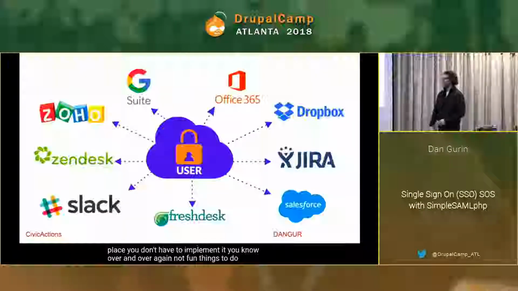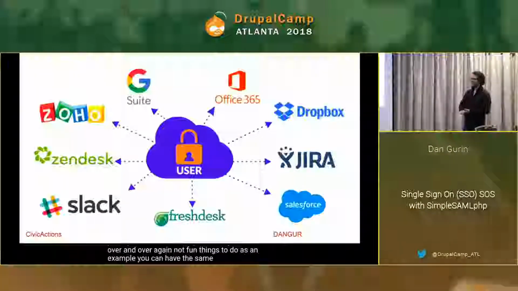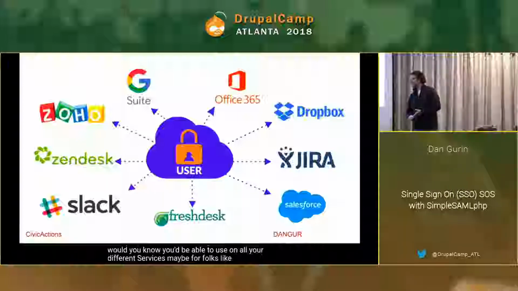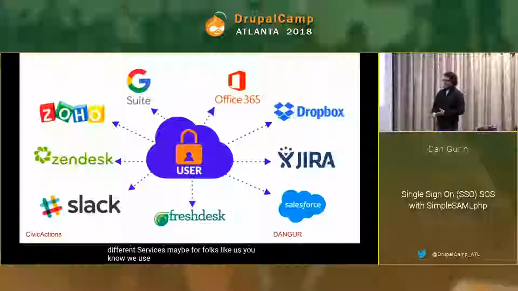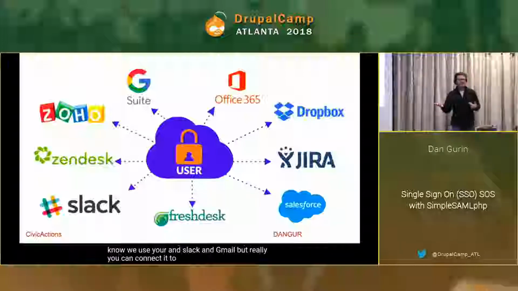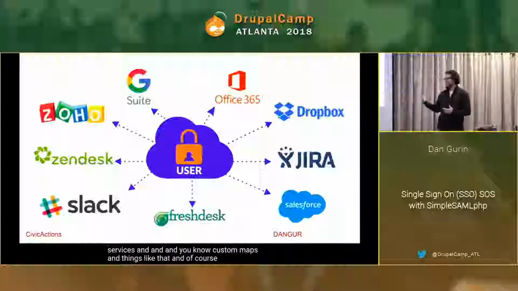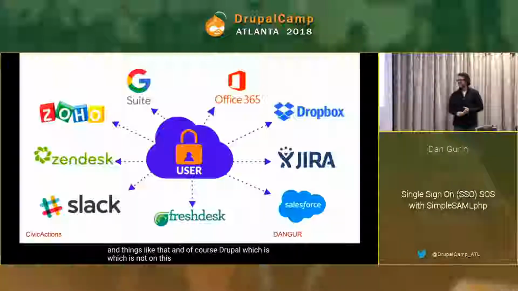So here we see, as an example, a single account that you'd be able to use on all your different services. Maybe for folks like us, we use Jira and Slack and Gmail, but really you can connect it to all of these different services and custom apps and things like that, and of course Drupal, which is not on this nice graphic that I was able to find on the internet.